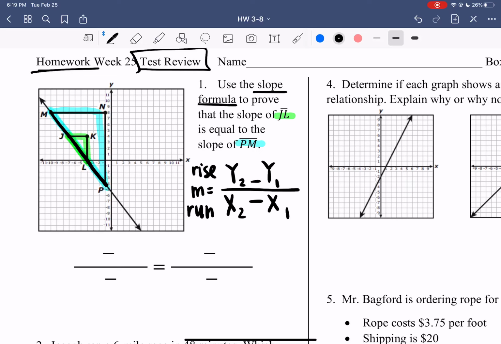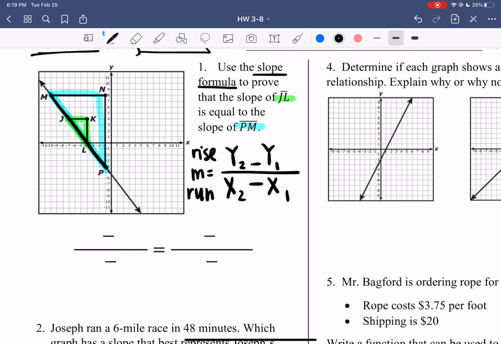Rising is up and down, our y is up and down. Running is left and right, our x is left and right. So that means we're going to have to find the coordinate pair location of each of these points right here. I might have to erase some of my points just so I can see them.